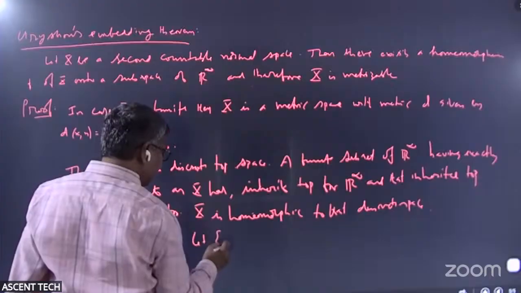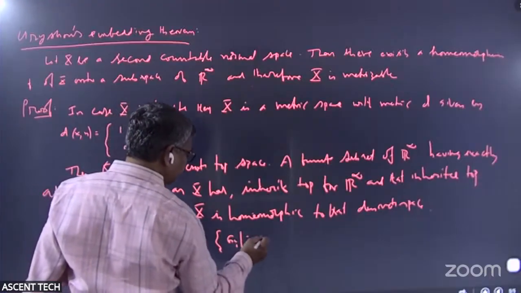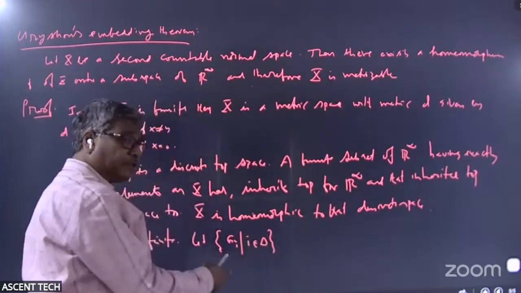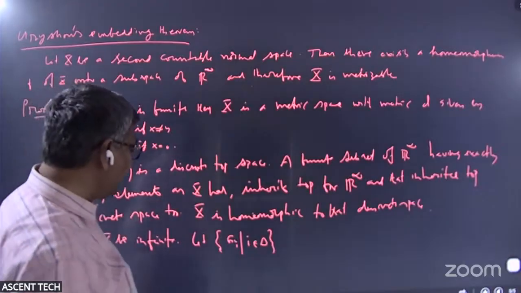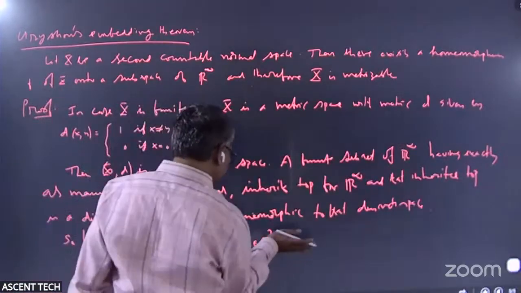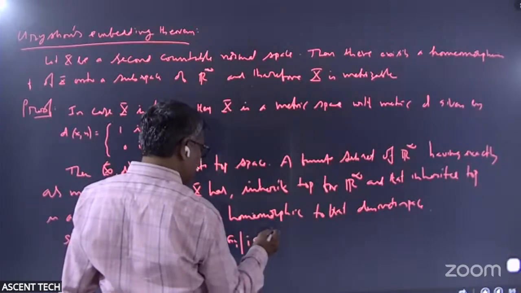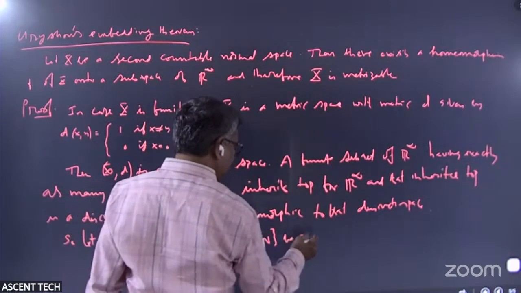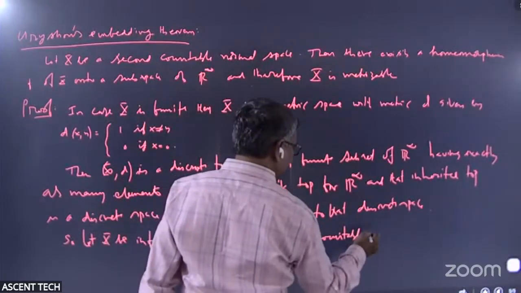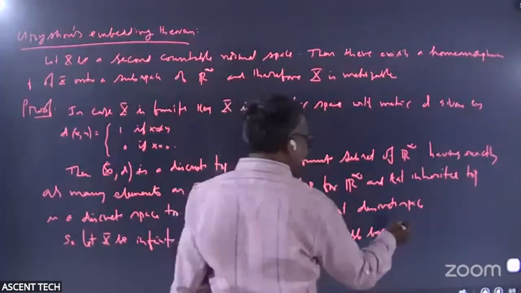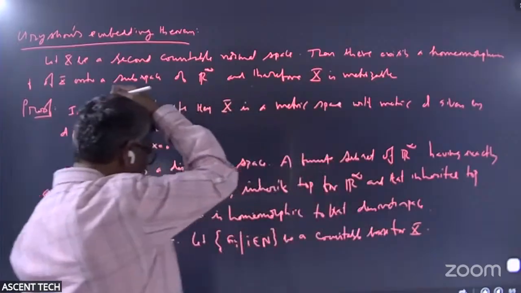Let Gi, i in some indexing set, be a countable base for X. The indexing set is countable, so it may be i equal to 1, 2, 3, 4 ad infinitum. I may be taken as a natural number.